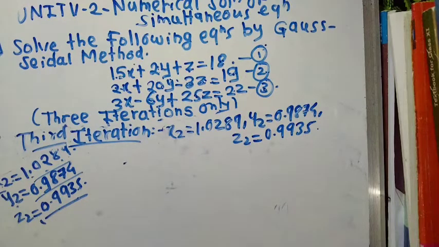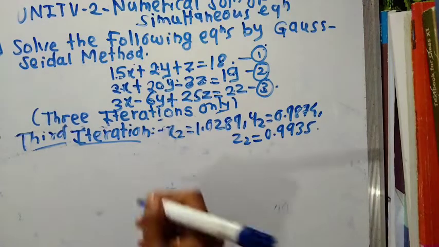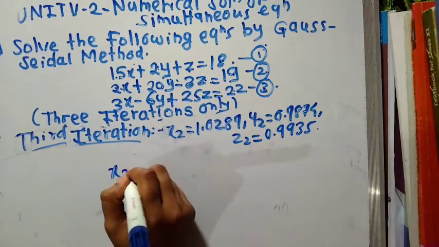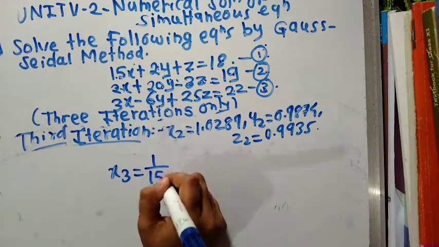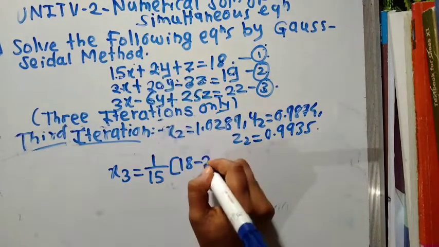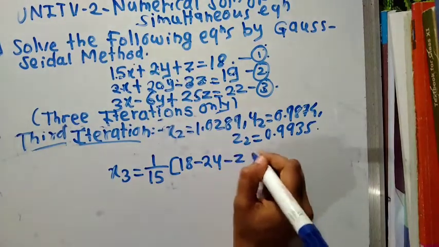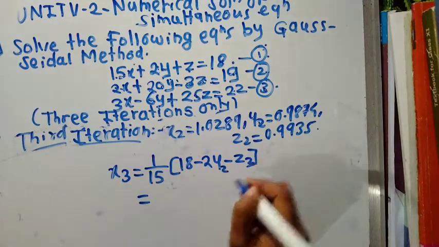From this, first find out x3. From equation first, x3 is 1 divided by 15 times (18 minus 2y minus z), and here we use y2 and z2.